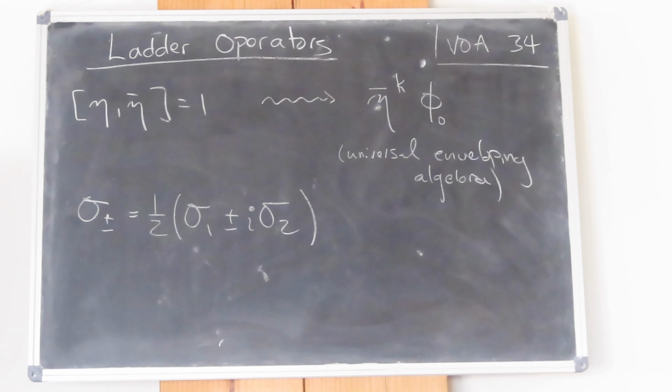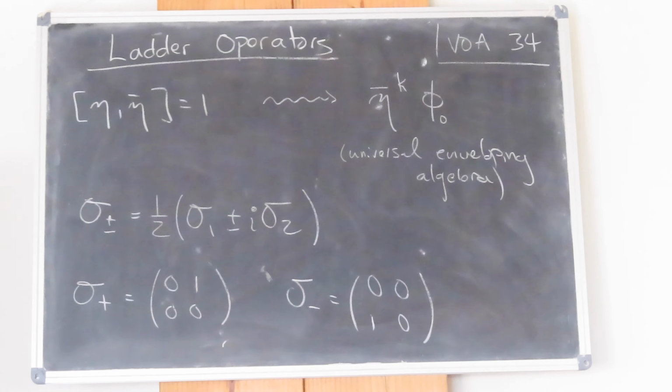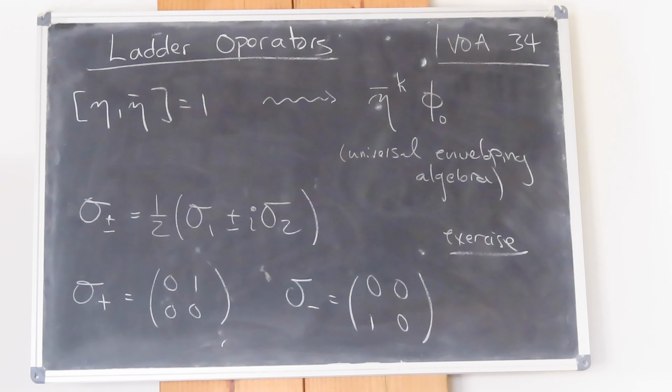For the SU2 case, we can build similar operators, which we'll call sigma plus or minus, by giving the eponymous linear combinations of sigma 1 and i times sigma 2. These are given by the simple explicit forms, which you might try to verify as a simple exercise.